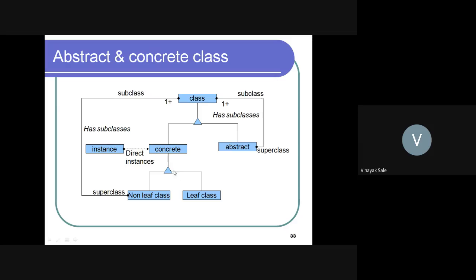Then these are indirect instances, but direct instances we can generalize with the concrete class. A concrete class has subclasses. Similarly, an abstract class has subclasses.